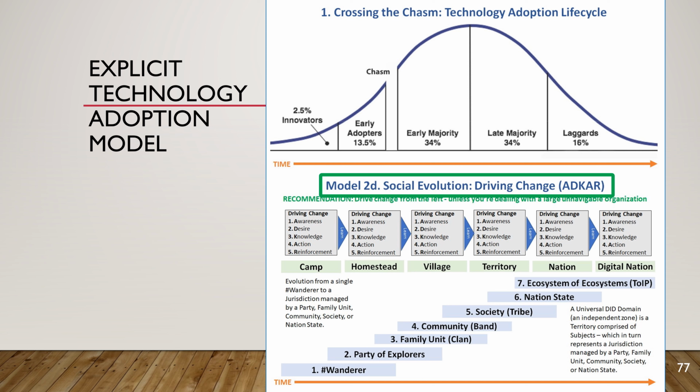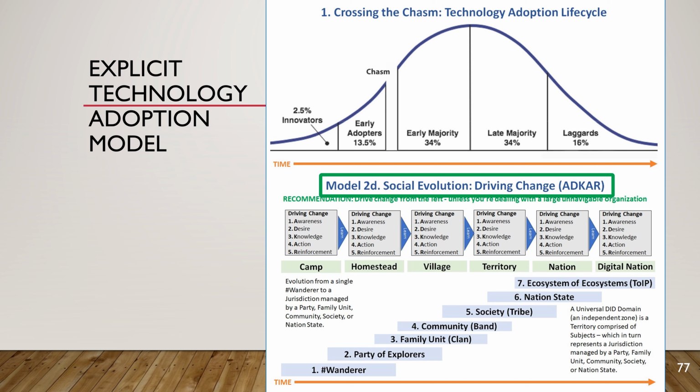So there was always somebody called a wanderer, somebody who left their tribe to share their knowledge and wisdom with others. So I guess I'm the wanderer as far as Web 7.0 is concerned. That wanderer might team up with a small group, a party of explorers. That party of explorers might become a family unit or a clan.